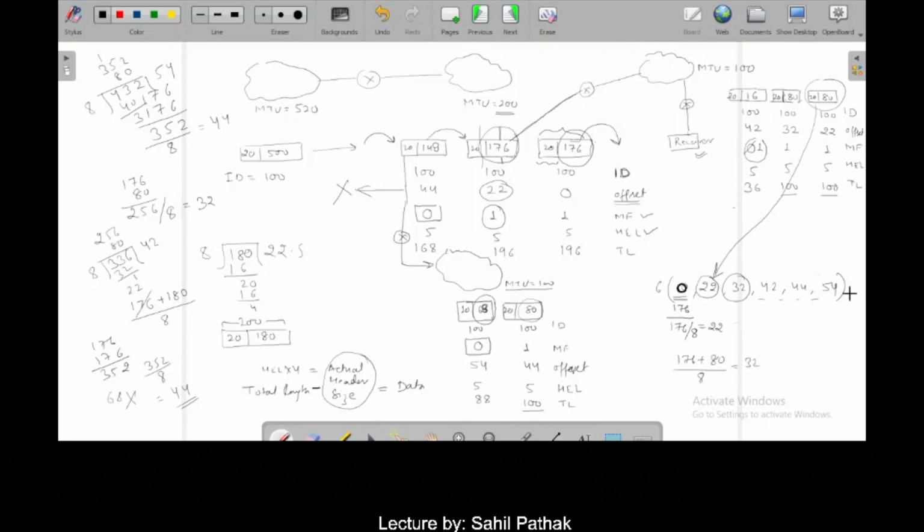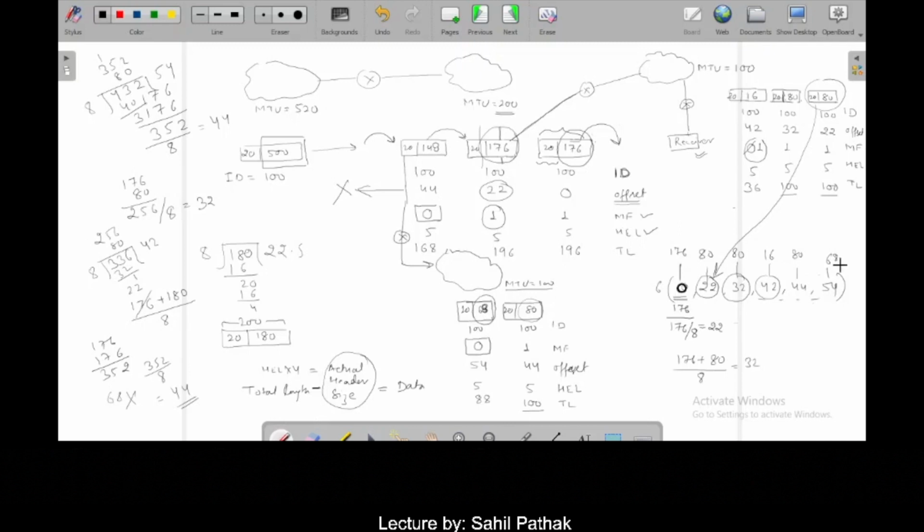Similarly, like this. So this is how the receiver is going to respond for the fragments. Now the total data bytes which were being sent was 500 bytes, and you can see over here that the data bytes in the first fragment is 176, in the second fragment is 80, in the third fragment it is 80, in the fourth fragment it is 16, in the fifth fragment it is 80, and in the sixth fragment it is 68.